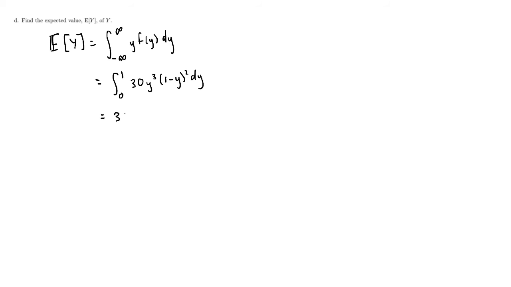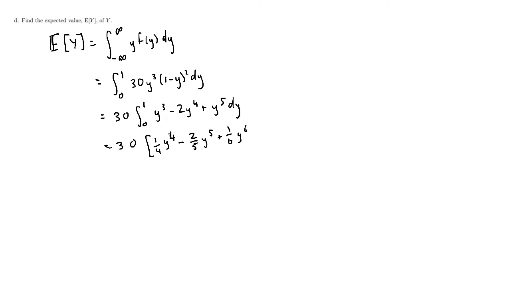Now we can solve the integral. We bring out the 30, and we can expand these brackets to give us y cubed minus 2y to the 4 plus y to the 5 dy. And solving that integral, we will get 1 on 4 y to the 4 minus 2 on 5 y to the 5 plus 1 on 6 y to the 6 evaluated at 0 and 1.